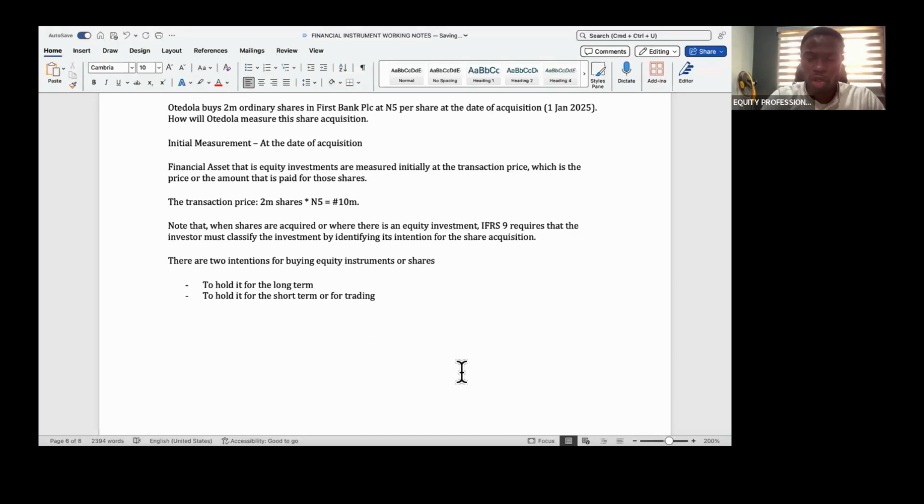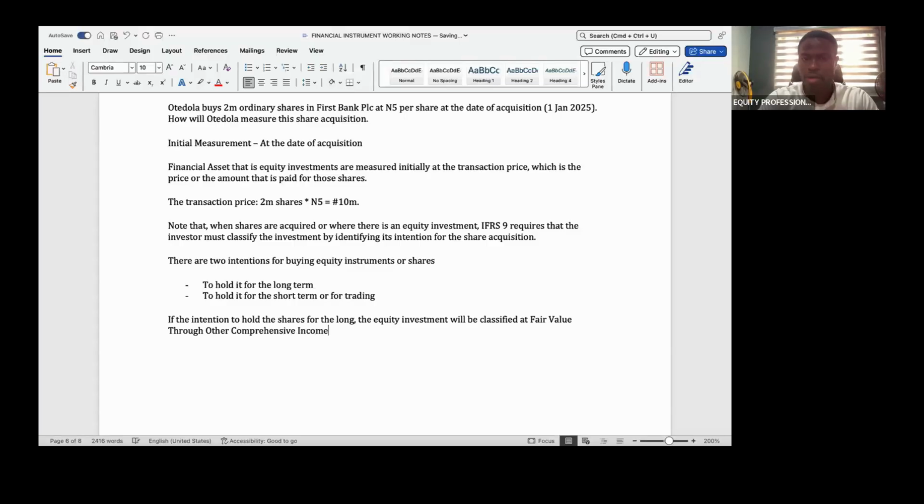Now, when we know your intention, then if the intention is to hold the shares for the long term, the equity investment will be classified at fair value through other comprehensive income.